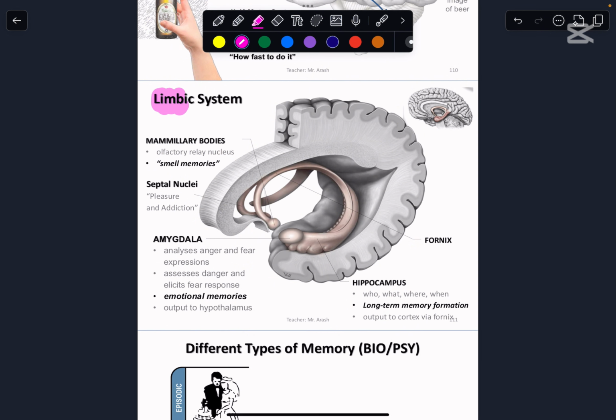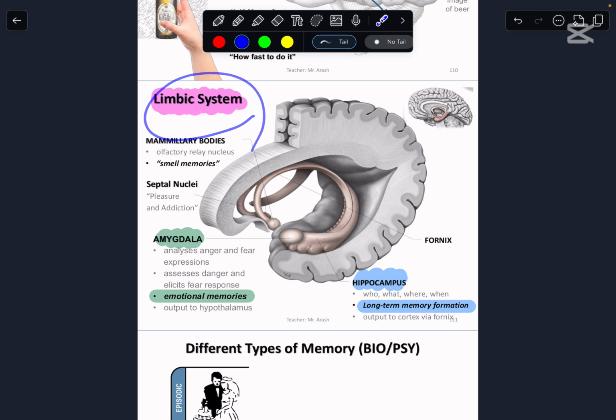As long as you know that the limbic system has to do with emotions, which is a function of the amygdala, as well as the hippocampus, which carries long-term memory and learning, that's enough. Before the test, what you need to know about the limbic system is that it has to do with emotion and memory.